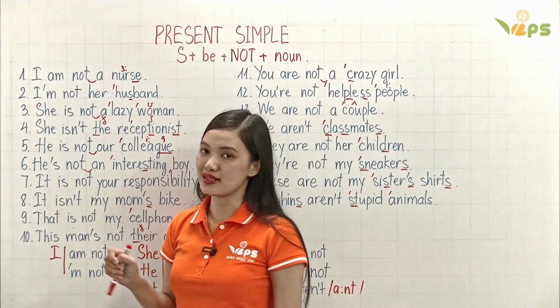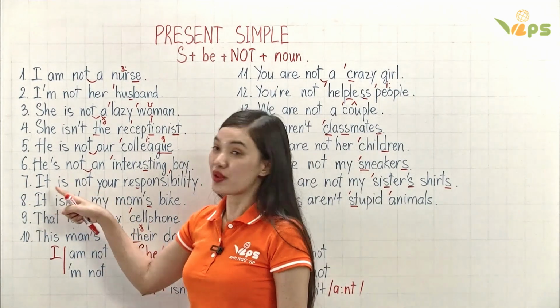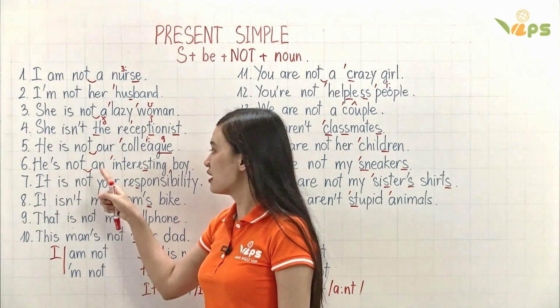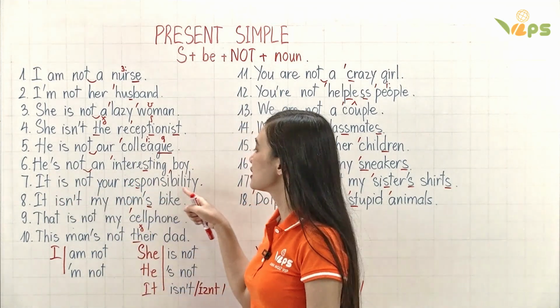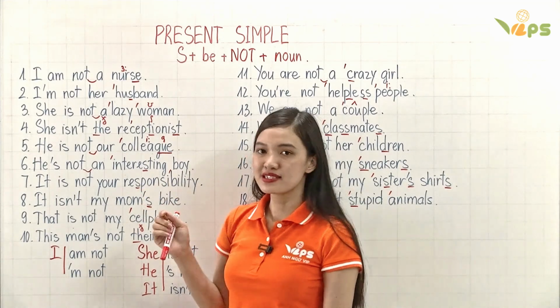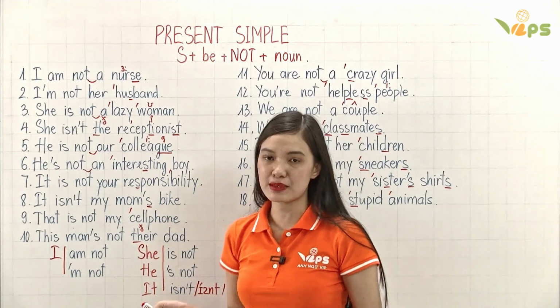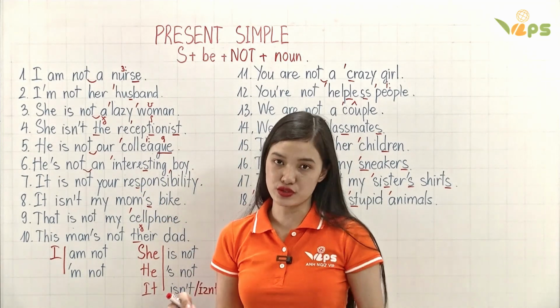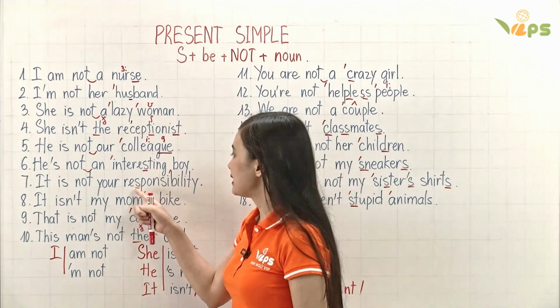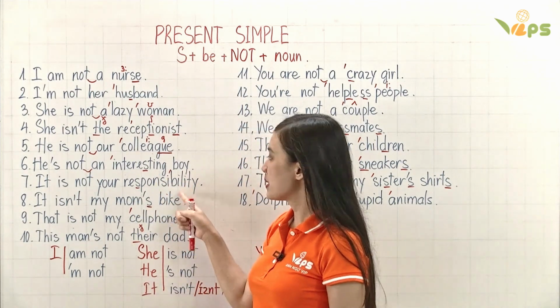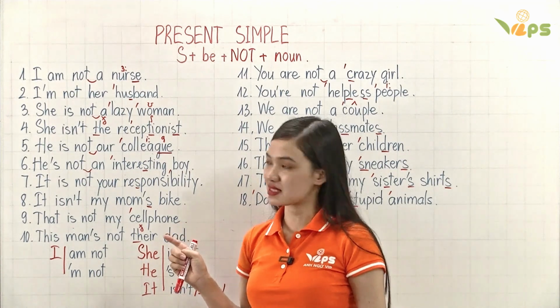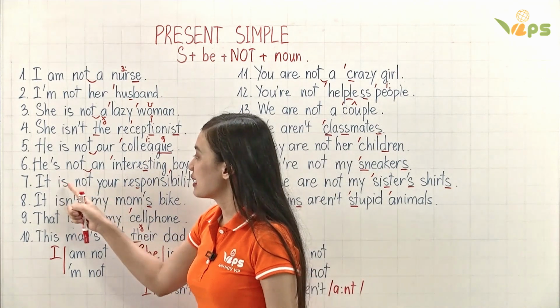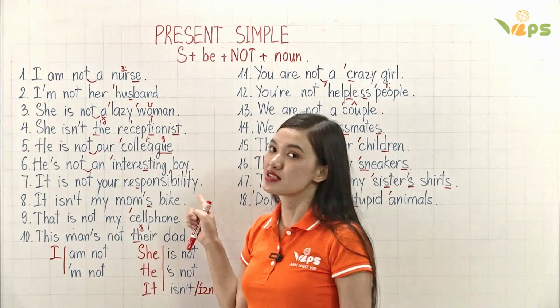Number 7 and 8. It with is, right? It is not your responsibility. Responsibility is your duty, something that you have to do. Responsibility. It is not your responsibility.